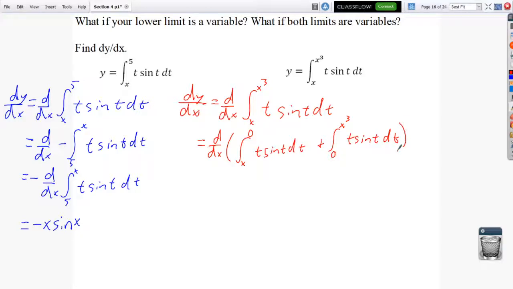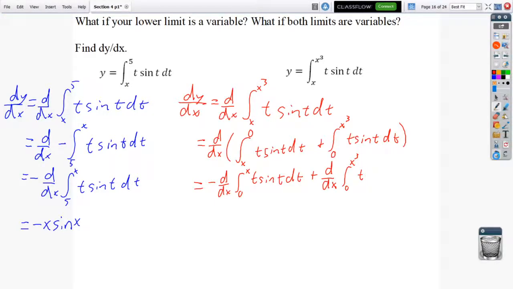So now looking at this, I can see that this problem becomes the same thing as this problem. My first term here is going to be the opposite of d dx of the integral from 0 to x of t sine t dt plus the derivative of the integral from 0 to x cubed of t sine t dt.